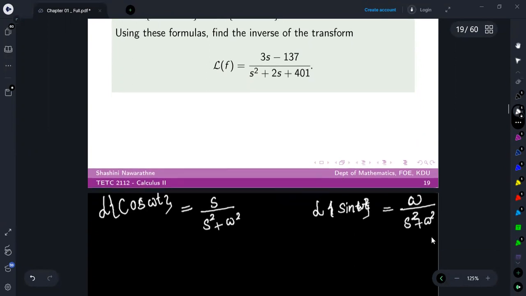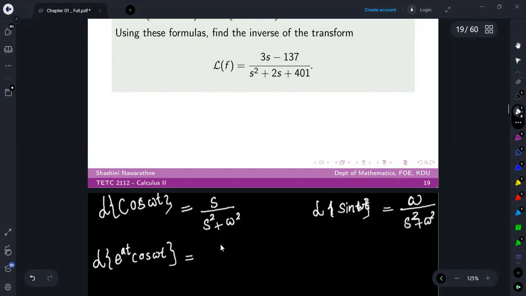But in the question, you are asked to find the Laplace transform of e to the power at cos omega t. If we multiply our function by e to the power at, it means we have to replace s in the Laplace transform of the respective function by s minus a.